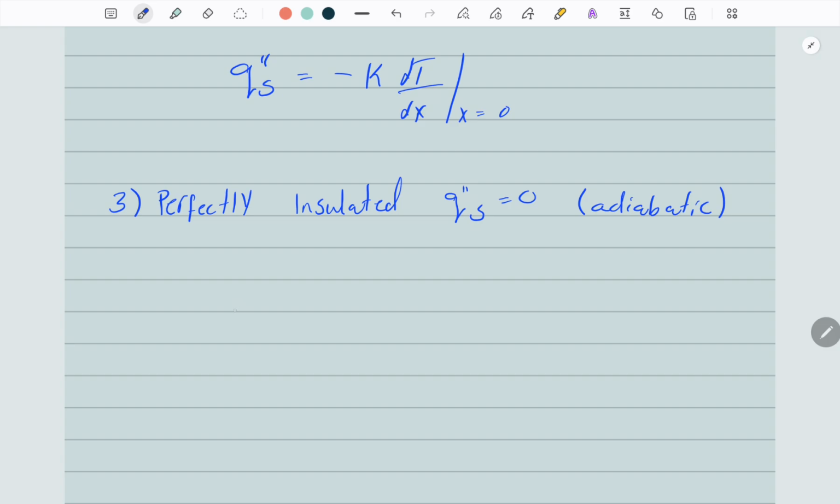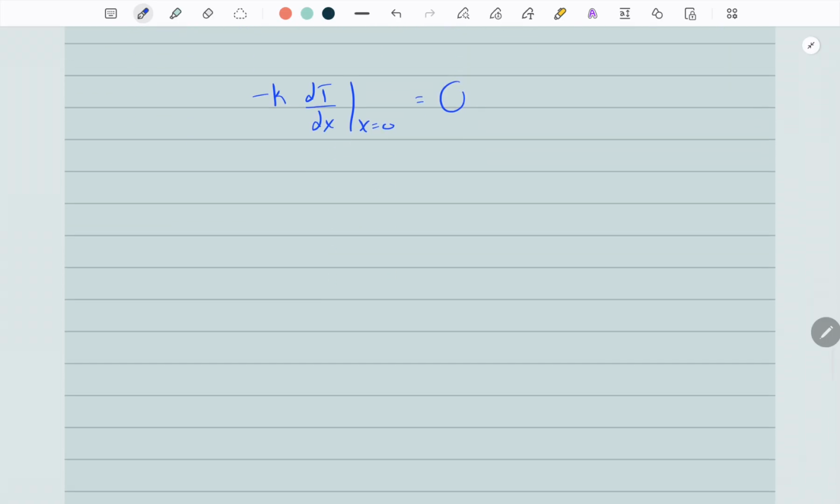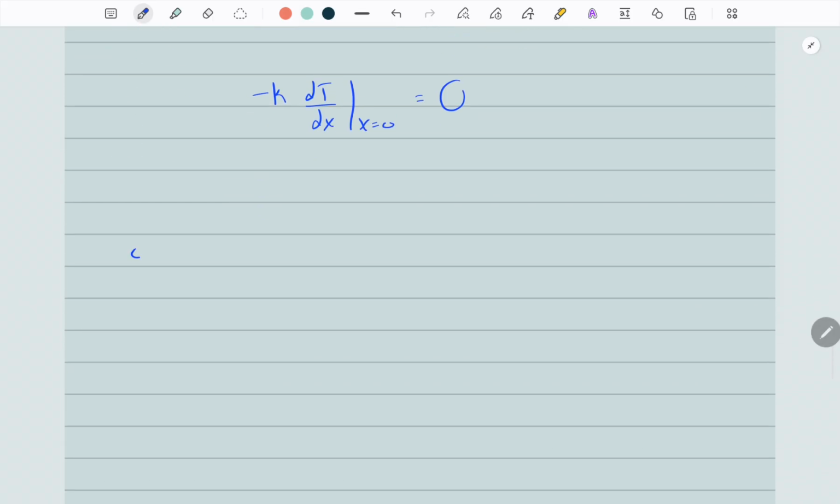Therefore, if your heat flux is 0, then negative K dT over dx at x equals 0, or any point, equals 0. Your fourth boundary condition is convection on a boundary.